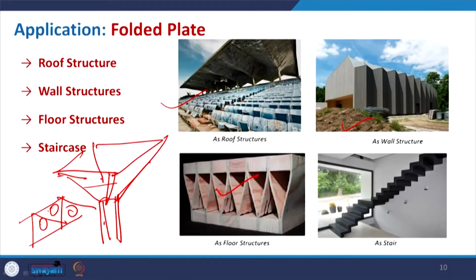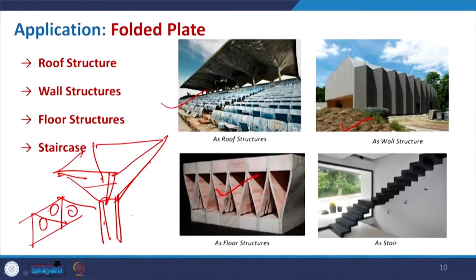The application can be even more, like in construction for the sheet pile, where we use this kind of folded plate, which gives the stiffness to resist lateral force. So we can have this particular sheet pile as a folded plate.